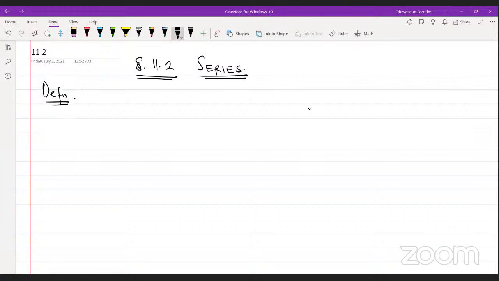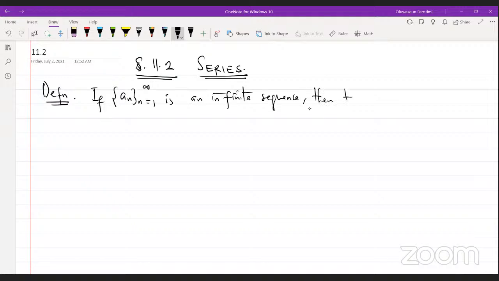The first definition I'd like to define is about an infinite series. So if we have an infinite sequence, then the sum of terms, okay?